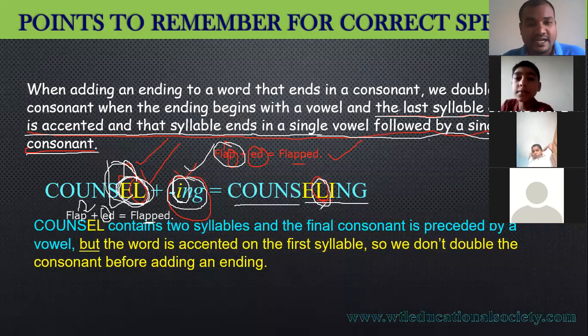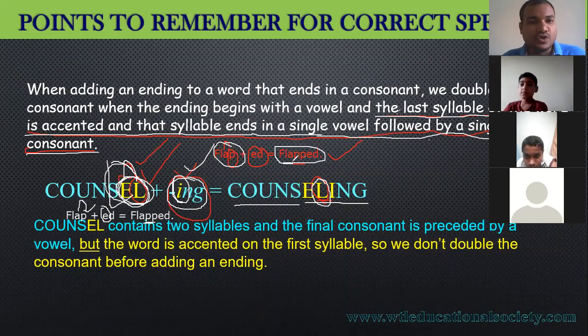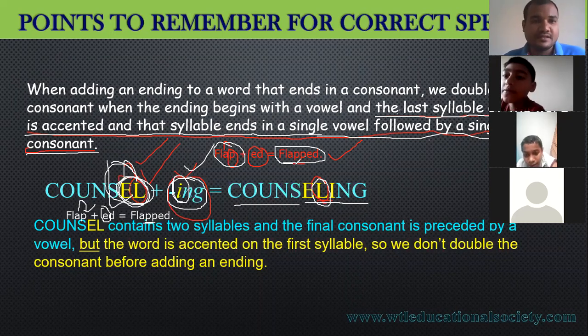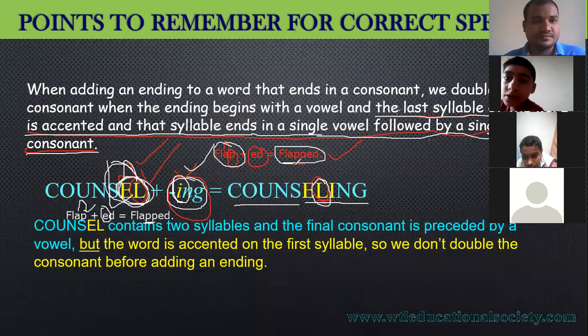How many syllables are there? Two syllables. But flapped is one syllable, a monosyllabic word. There is no division. We can pronounce it in one stretch, flapped. But here, counseling.